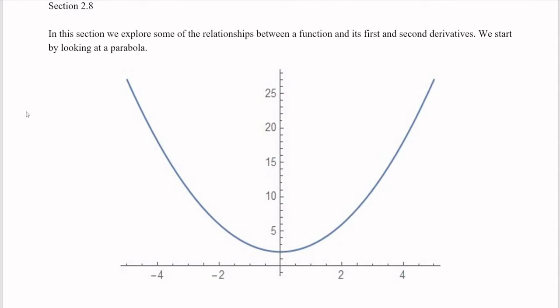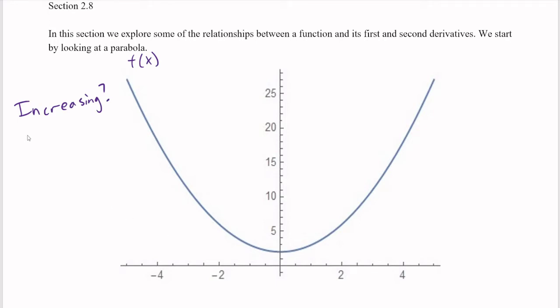A couple things we're going to be talking about we can just look at here. For this function f of x, we want to ask, where is this function increasing? Just looking at the picture, it looks like x equals 0 is the min, the turning point.